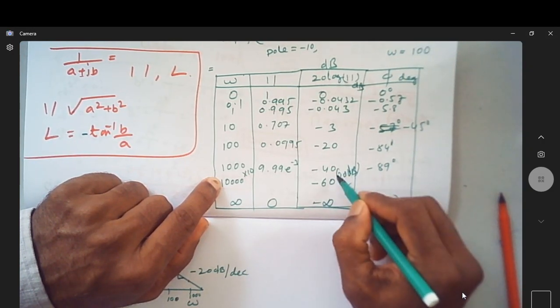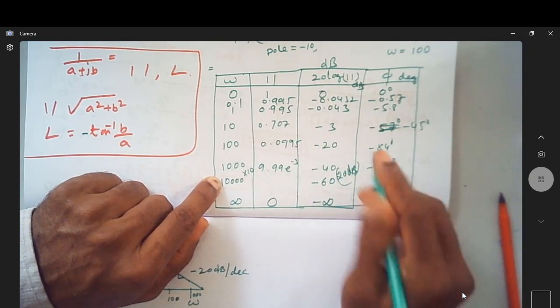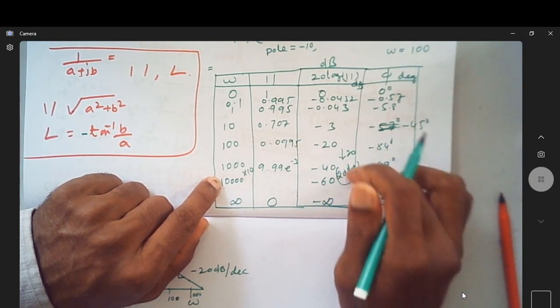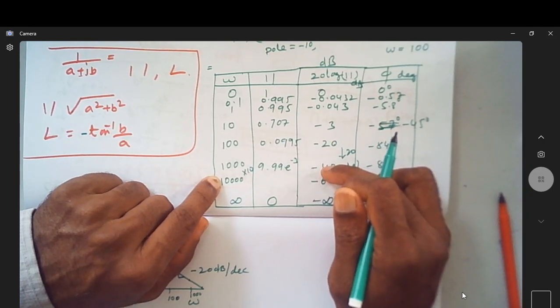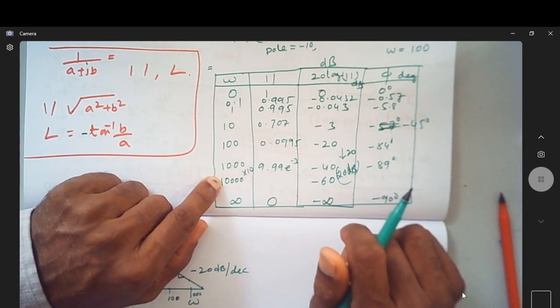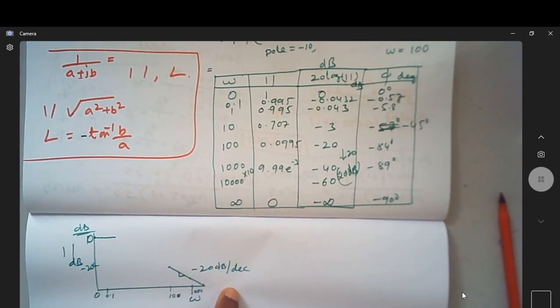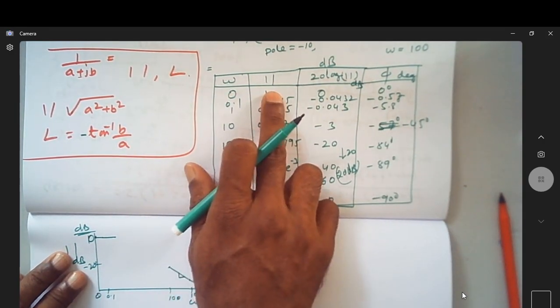Correct? This is going down by 20 dB. This is also, can you see, again going down by 20 dB, more negative by 20 dB. So this is a line with minus 20 dB per decade, whereas this is a straight line.